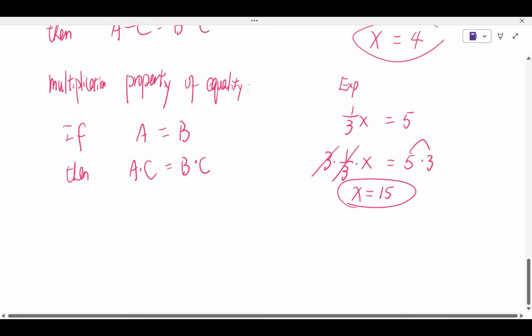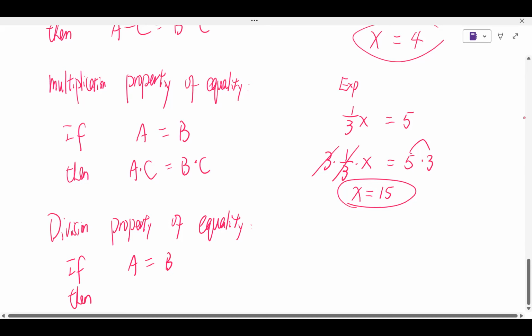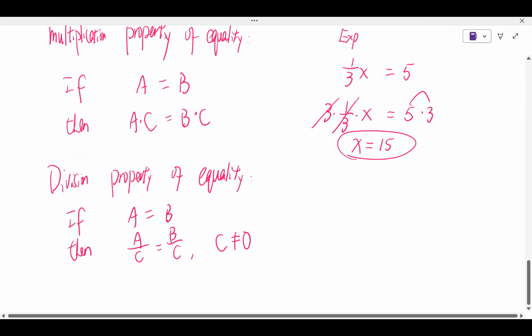And then also the division property of equality. Once you master all four properties, you can solve basically any linear equation with one variable. Again, if A equals B, then A over C, dividing A by C, and dividing B by C, assuming C is not 0, we end up with a different equation, but it's still an equation.